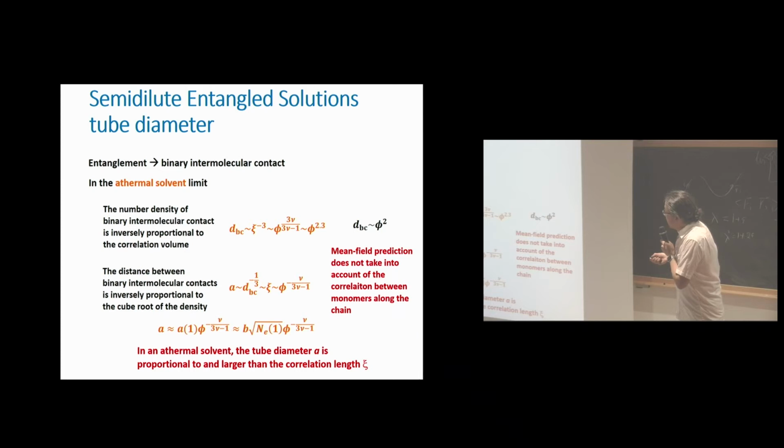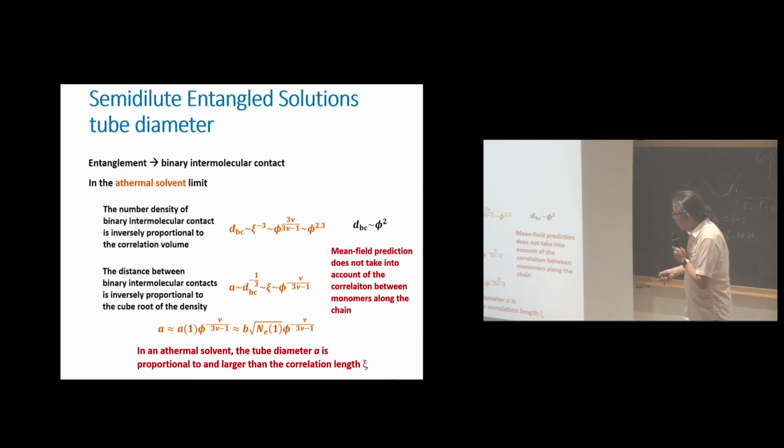In this situation, it is found that the number density of binary intermolecular contact is inversely proportional to the correlation volume, the blob size. In that case, we find the exponent 2.3, a little bit stronger than 2. This means the tube diameter should be inversely proportional to the cube root of this density of contact, so it is, in fact, proportional to ξ.